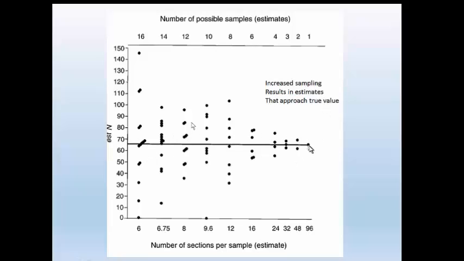So here again is an indication of what is meant by unbiased estimation procedure. Here we have the true value. If we base this on all of the sections within the structure we're interested in, then we only get one value.